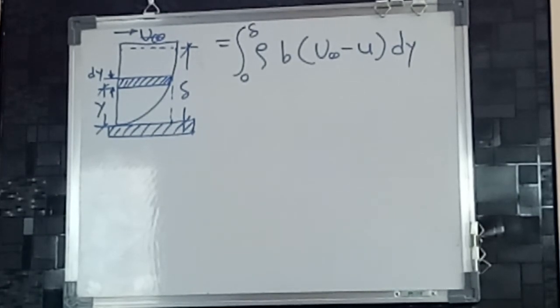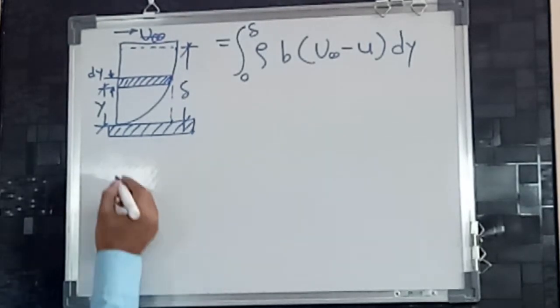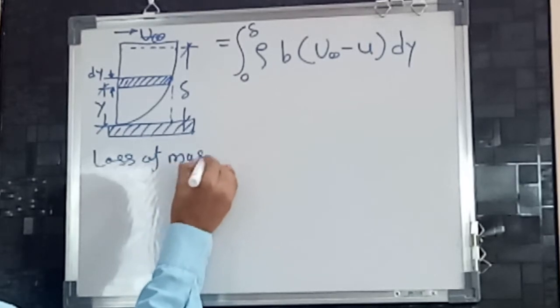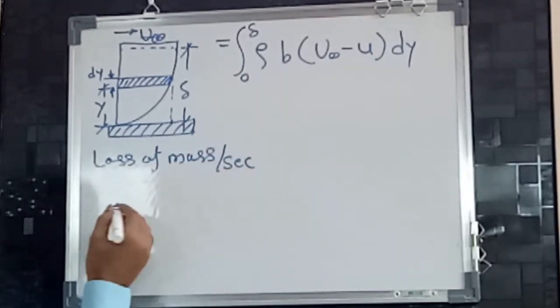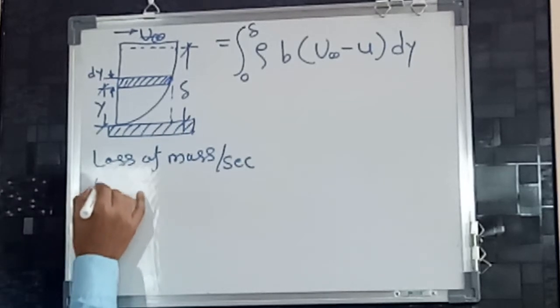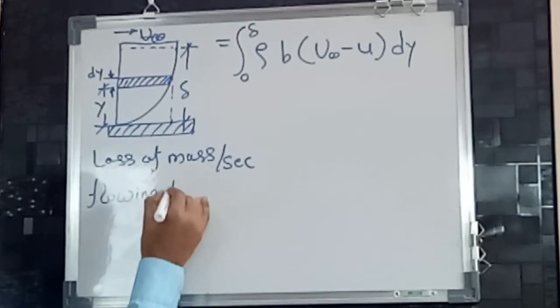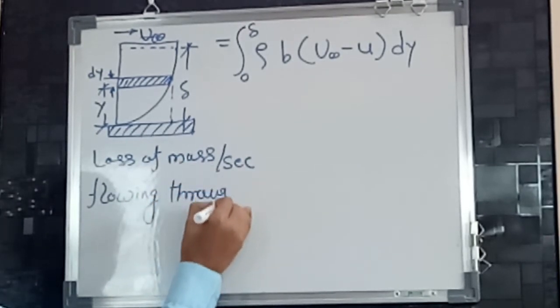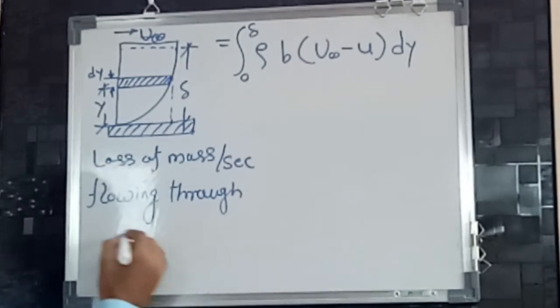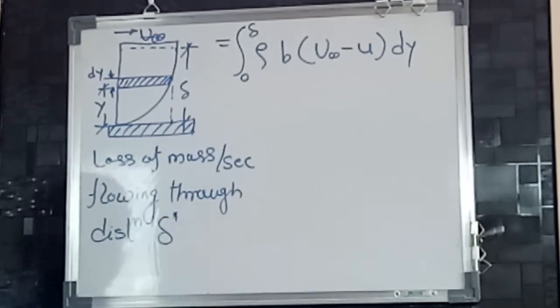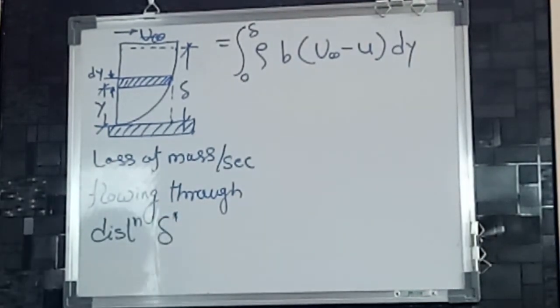So the loss of mass per second flowing through a distance del star, what is that?